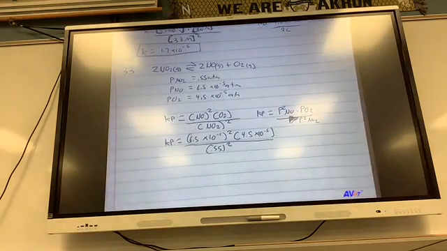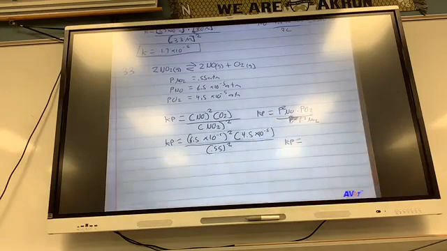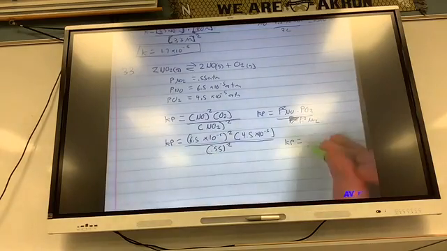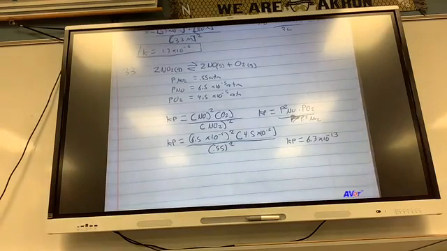So the same as everything else, but you have to have parentheses for Kp. So Kp, when you put that in your calculator, ends up being 6.3 times 10 to the negative 13th. That is 33.